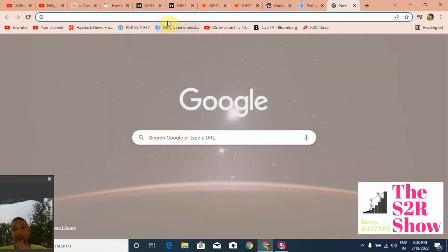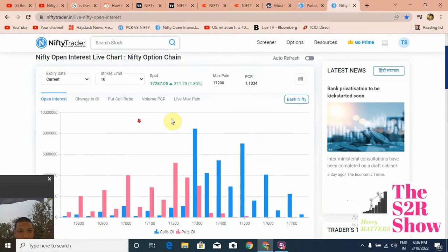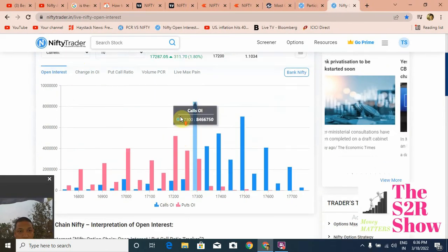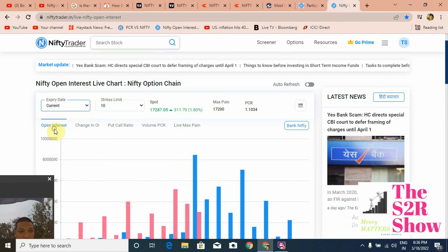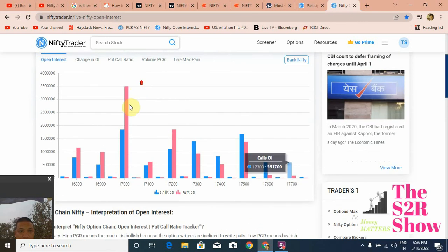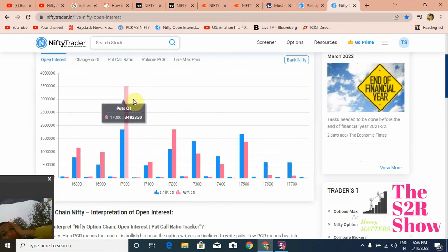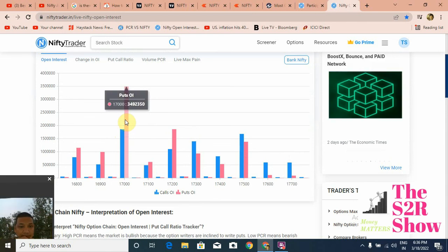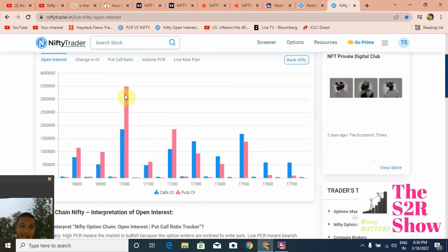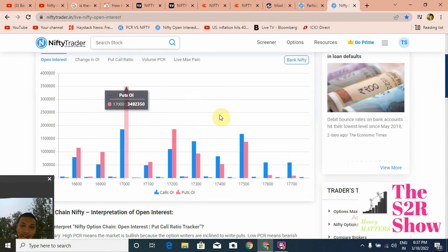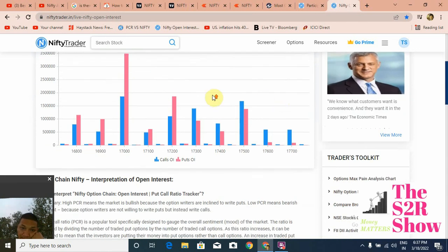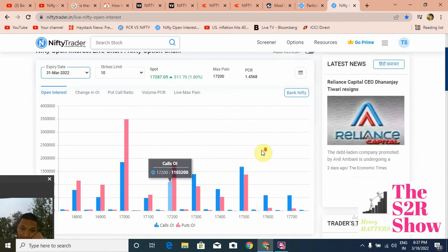And then we'll see the open interest data. So this is the open interest. Expiry will take 31st March. Okay, so you can see this put 17,000. This blue is call and this pink is put. So 17,000 put writing is the highest. So it shows that the Nifty may not move below 17,000, and I don't see any high call writing.